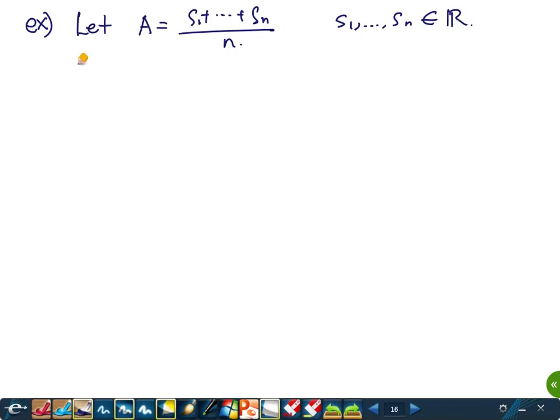Then prove that there exists i such that S_i is greater than or equal to A. So what is the meaning of this? You have n real numbers and you know the average is A. If the average is A, one of these numbers must be at least as big as that average. How can you show this?